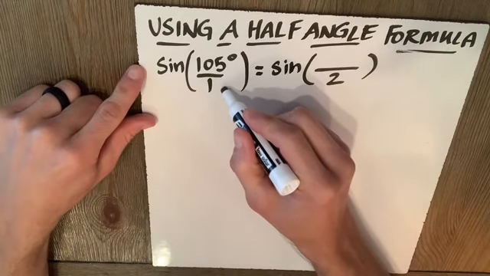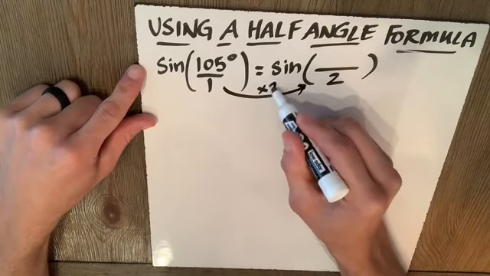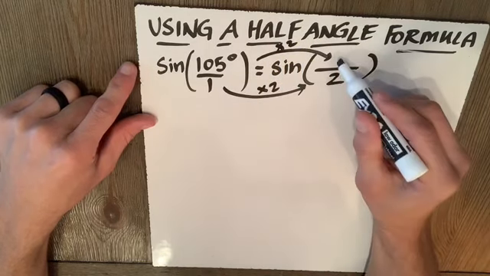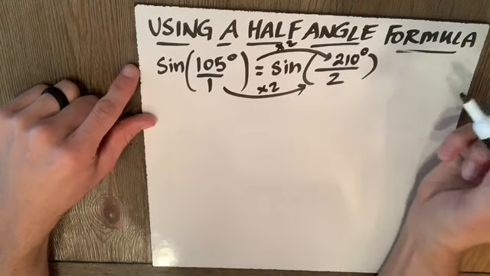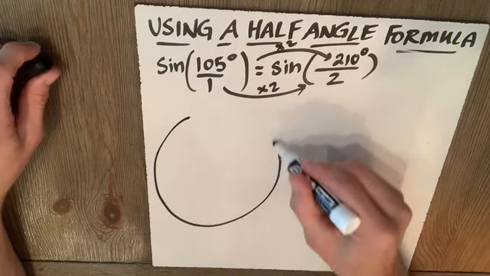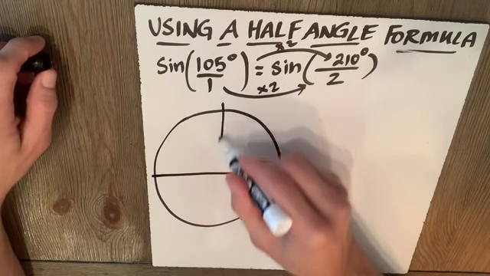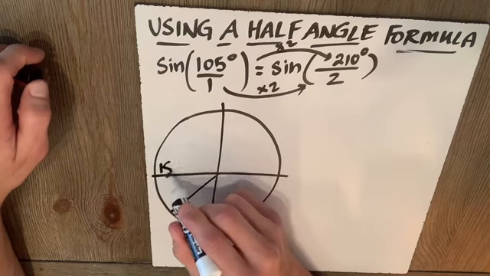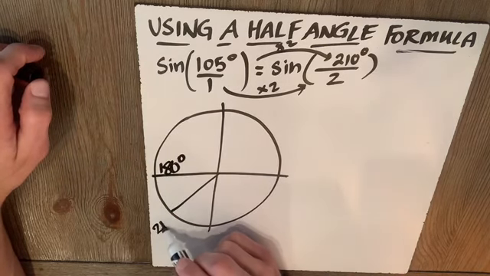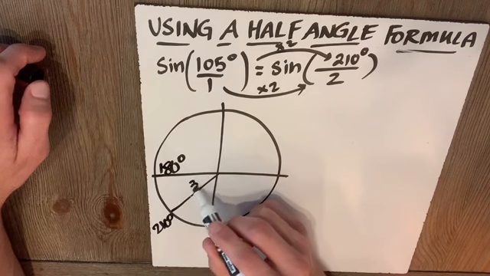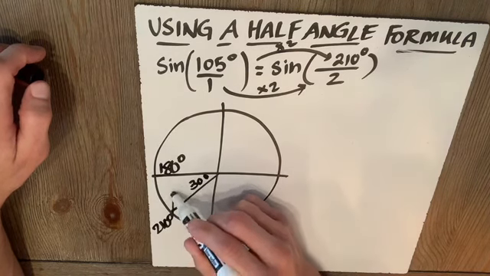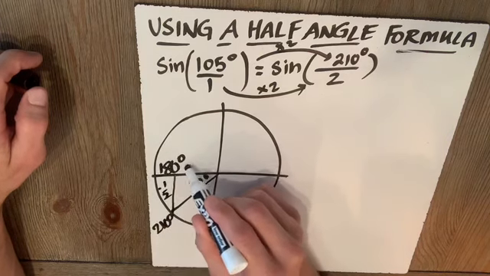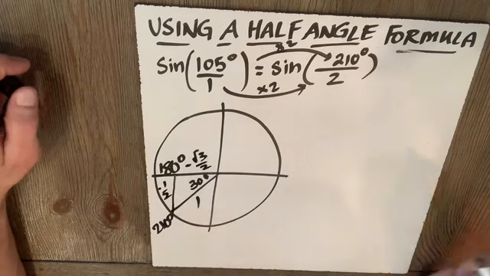If I multiply the denominator by 2, I have to multiply the numerator by 2 as well to give me 210 degrees. Now, when I draw 210 degrees, that's here. If this is 180 degrees and this is 210, that forces this reference angle to be 30 degrees. If I make this a unit circle, this is -1/2 and -√3 over 2.